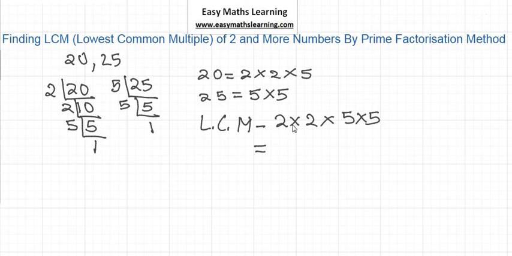So now my LCM is 2 times 2 is 4, 4 times 5 is 20, 20 times 5 is 100. So the required LCM of 20 and 25 is 100.